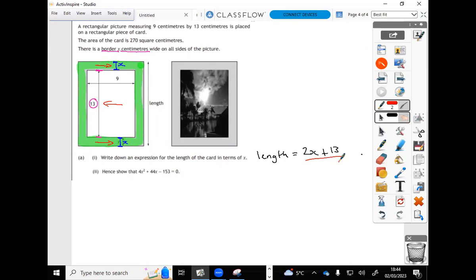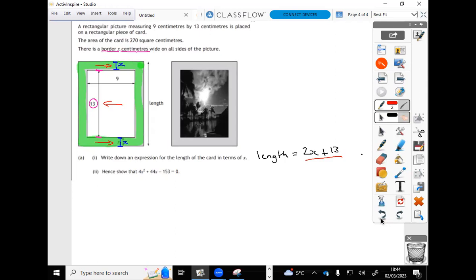Okay. Then they go to this, which honestly I think is a big jump. It doesn't ask anything in particular, it just says hence show 4x squared plus 44x minus 153 equals 0. It's a bit bizarre, but let's have a wee look at what it's asking. So usually what it's asking, in the first question we did tonight, it asked the area of the rectangle. Essentially, that's what you want to find.